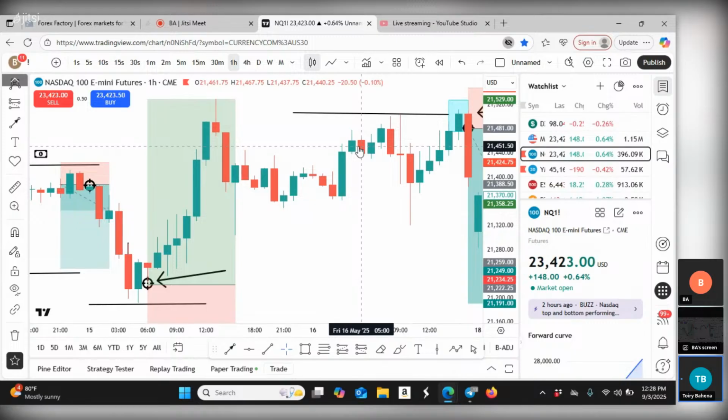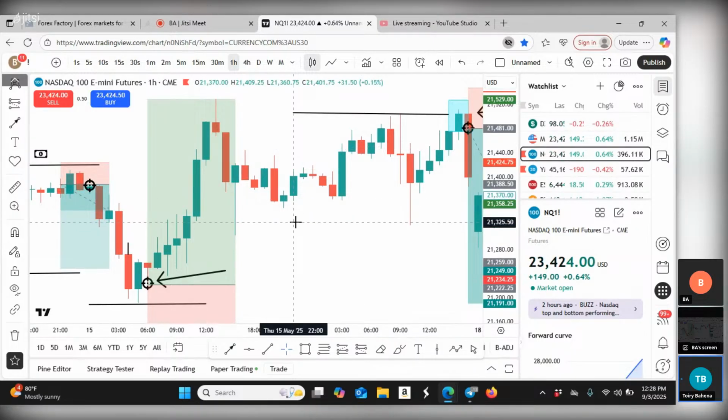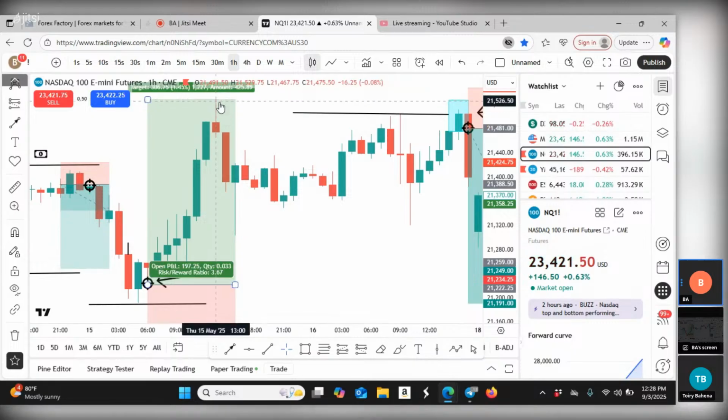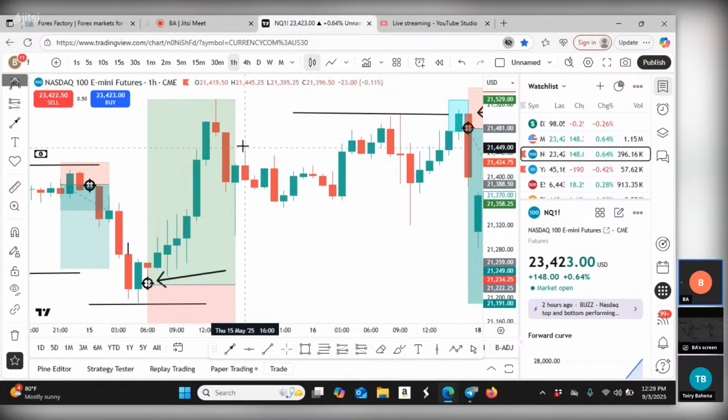I've heard about the AMD, accumulation, manipulation, and distribution. They're waiting to see which side they can manipulate the market to. So if price is at a premium right now, they're getting ready to accumulate enough orders.